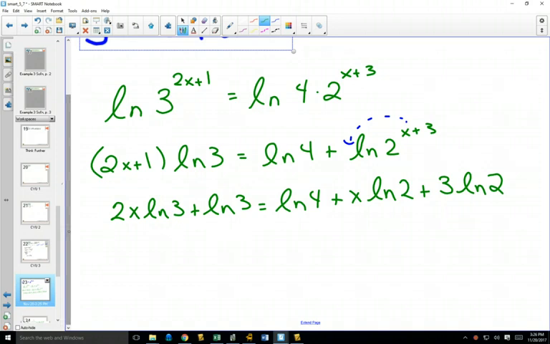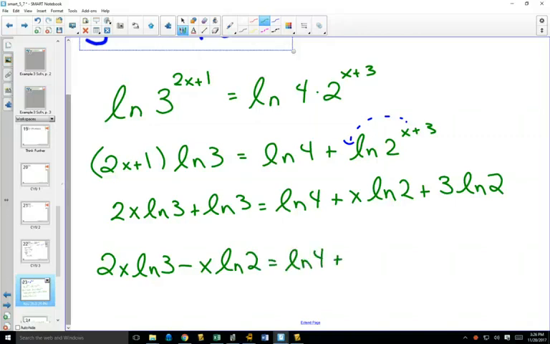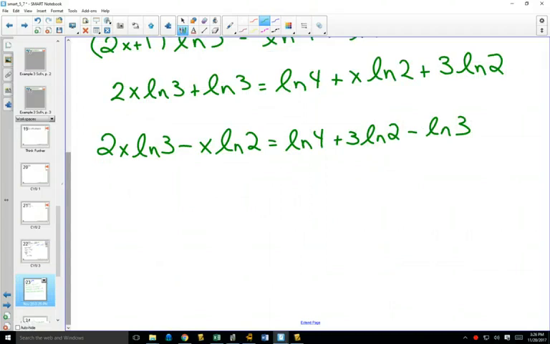Now I'm going to put everything with x's on one side of my equation. And on the other side of my equation, I'm going to put everything that was just a number. I can now factor out an x.